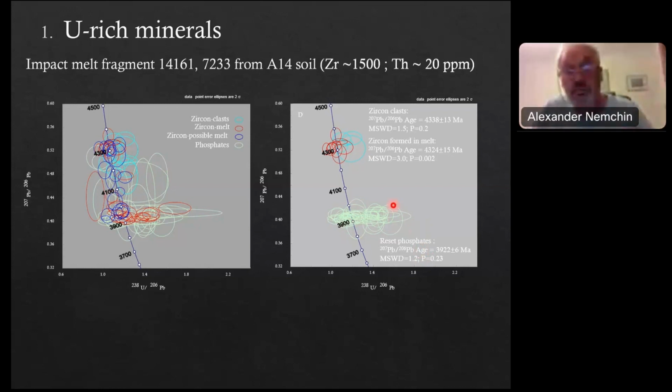We don't know whether they came from the target, from the basin itself, or had been sitting at the Apollo 14 landing site waiting for the ejecta to come in, and were incorporated into it and then reheated and reset. But this is the story we can come up with from the study of these pieces.